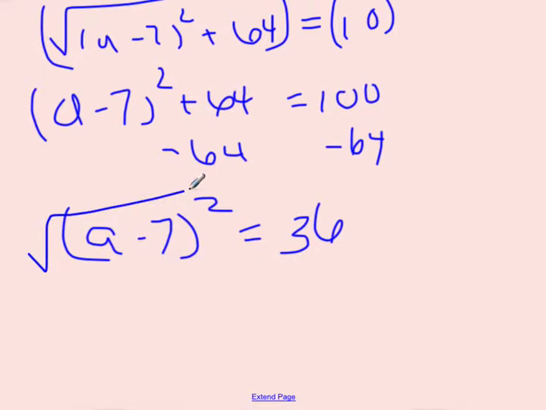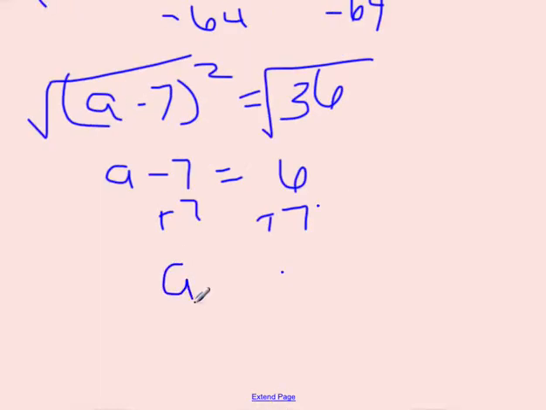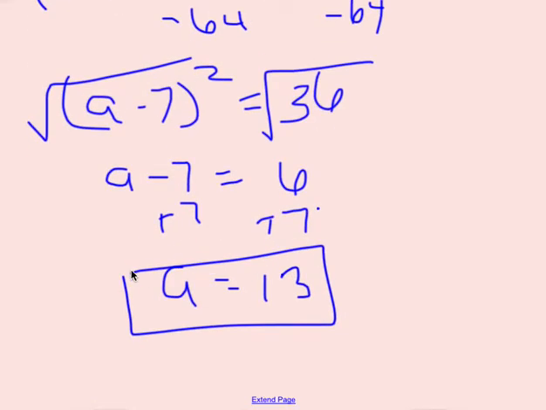So I'm going to take the square root of both sides. So I get a minus 7 left over here is equal to 6. So now all I have to do is a simple solving radical expressions. So I'm going to add 7 to both sides, and I'm going to get 6 plus 7 is 13. And that's your final answer for number 7.